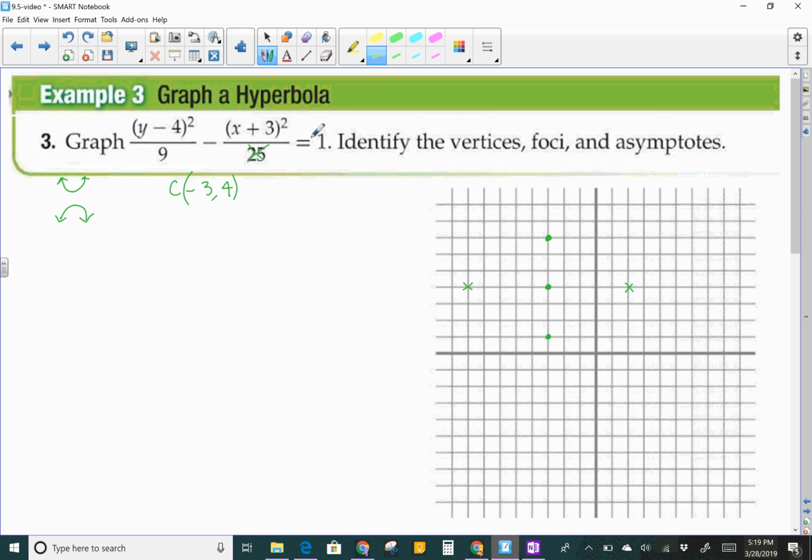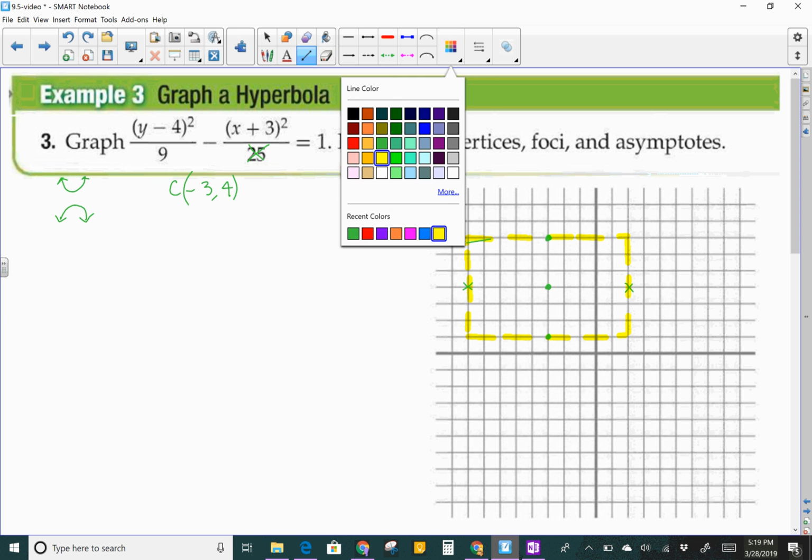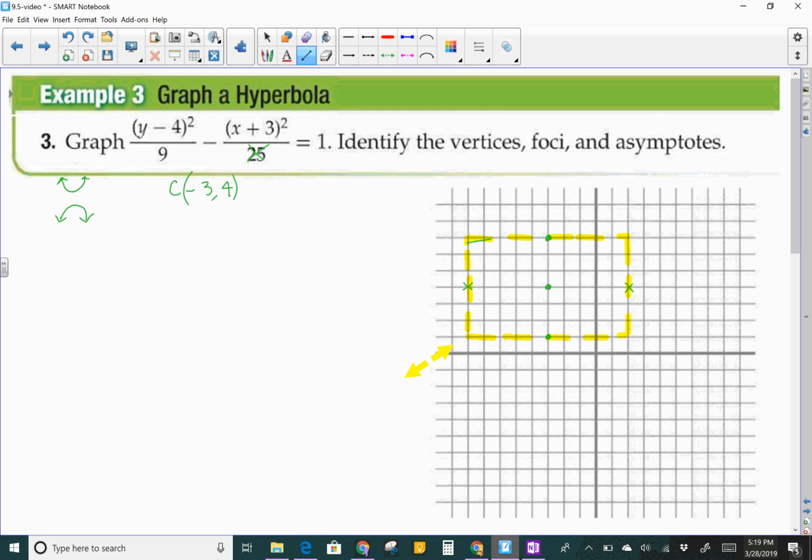So we're going to go draw our box. We're going to go boom, boom, through these points that we have drawn. And then after I do that, I'm going to put in my asymptotes.